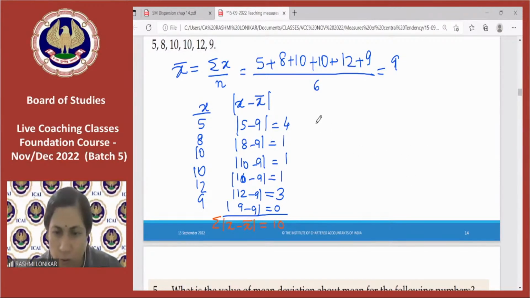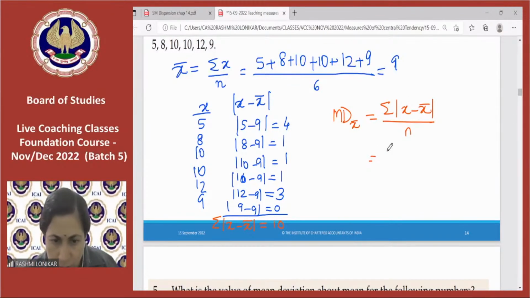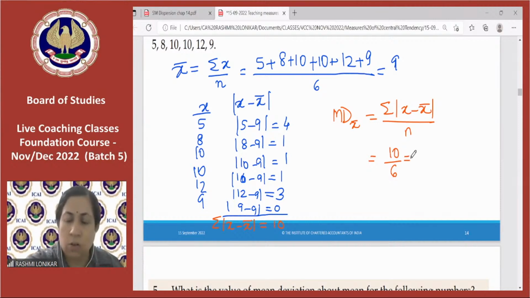So what will be my mean deviation about the mean? It will be equal to summation |x minus x bar| upon n. So how much is this? 10 upon 6. Okay, so you were giving me directly the answer.